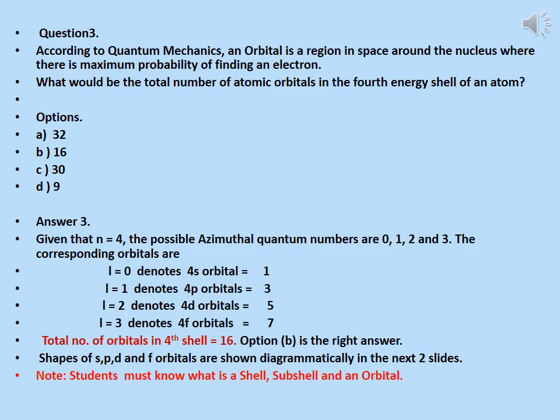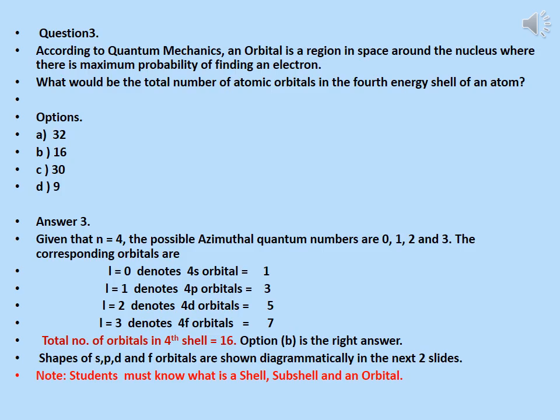It cannot have different energy values within the shell. It will have the same energy value. Now, shells which are closer to the nucleus have lower energy values, and as these shells go further away from the nucleus, they get to have higher quantized energy values.